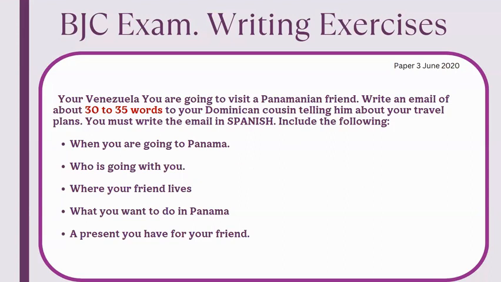Okay. Now, where your friend lives. So you're going to visit a Panamanian friend. So guess what this means? Where your friend lives, you can do this several ways. You can talk about the country, or the city, sorry, that they live in Panama. So there might be a city in Panama that you know.